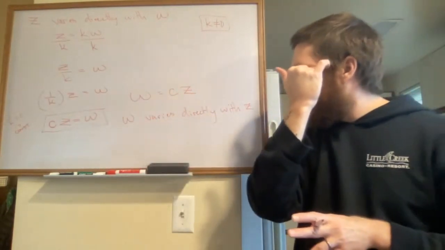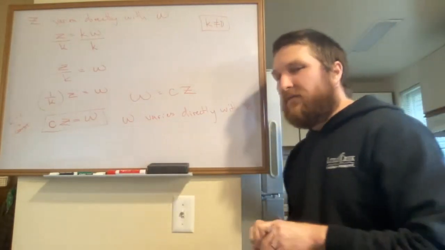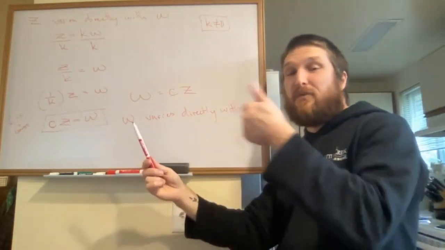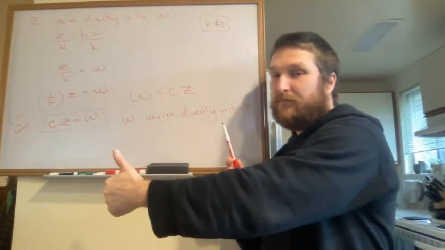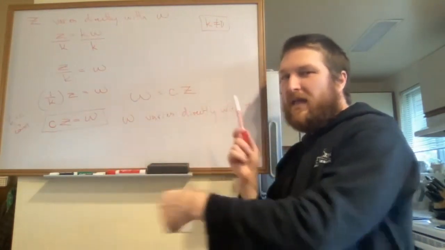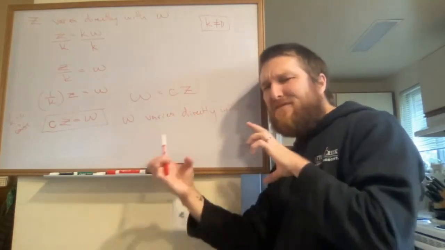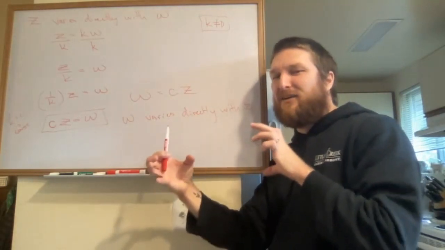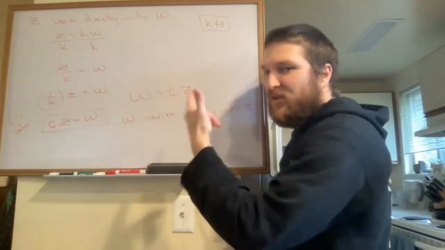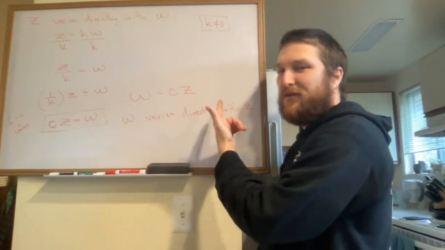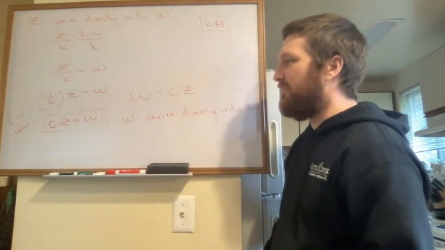And so this is just something to know, that if X varies directly with Y, then Y varies directly with X as well. Even if you write them the wrong way, you're still good as long as you keep everything in order.